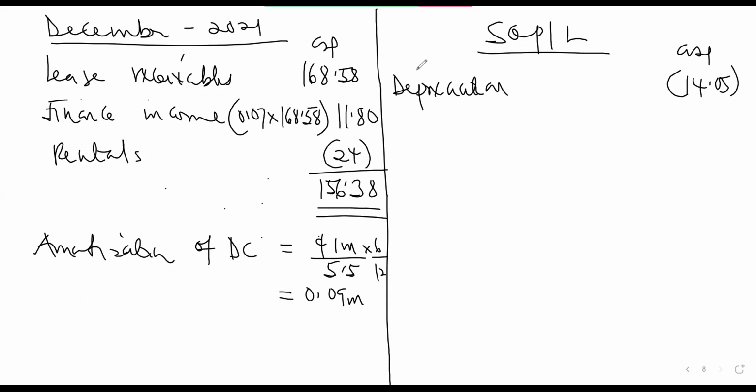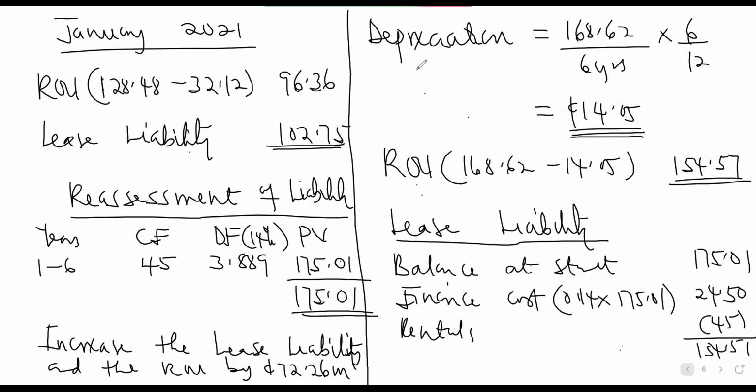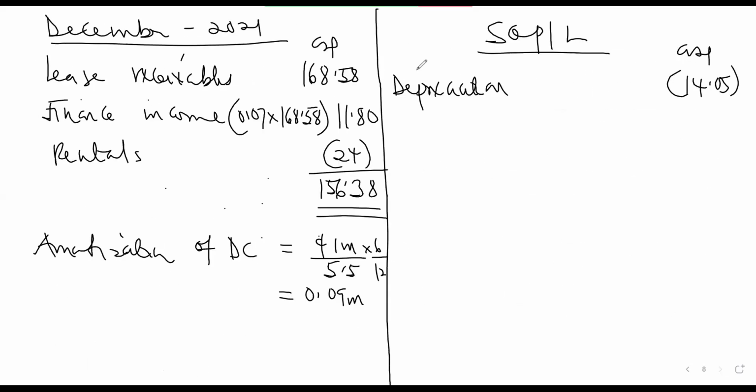And they are still owing the original lessor. So there was a finance lease, finance cost of 24.5. Then they are also going to be having finance income. You can net the two, but since we are just doing it, let's show it for.